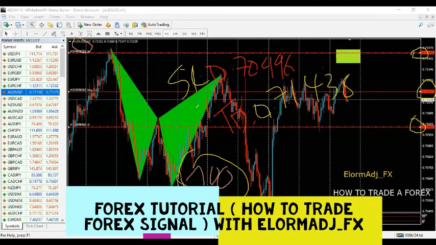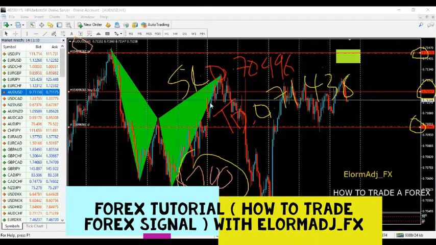So you can quickly go to your calculator. If you are using the phone, you have it. You can quickly use your calculator and see that right now the entry price is 0.71207, and the take profit minus the stop loss.